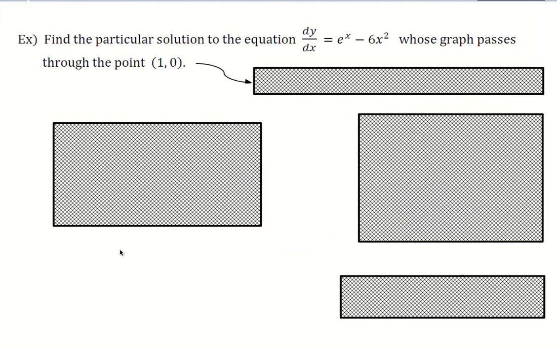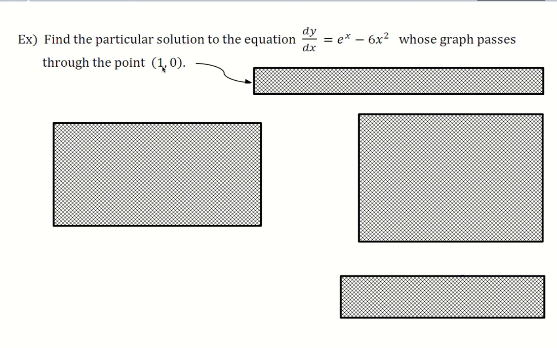One more example? Yep, just one more example. Let's see if there's anything new that comes along with this. Find the particular solution to the equation dy/dx equals e to the x minus 6x squared, whose graph passes through the point (1, 0).